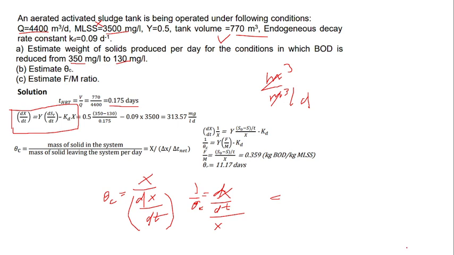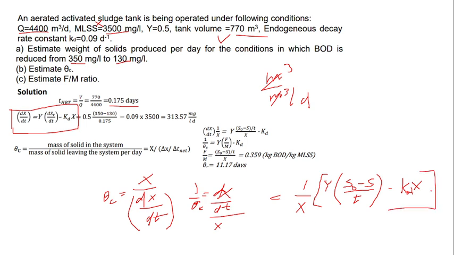So this can be written as 1 by X into dX/dt as Y into S naught minus S, which is nothing but dSr, divided by t, this time, minus Kd into X. If you multiply this X inside, what happens?